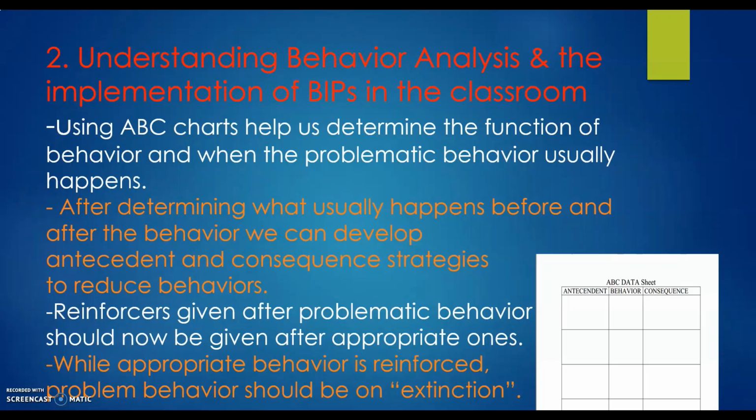So when we collect data for 10 days and we look at the consequence, and we try to find if there's a pattern of what's reinforcing this kind of behavior, we usually find a pattern that tells us what a function could be, what 2 functions could be, of the behavior.